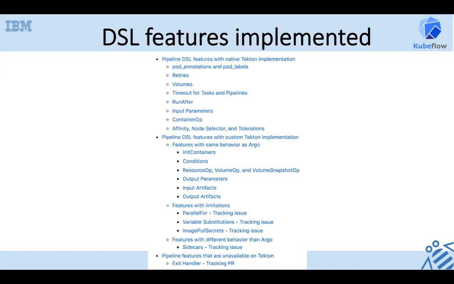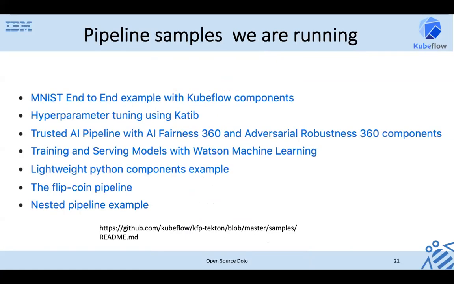So for example, the concept of loops is still in discussion in Tekton. There are some fundamental philosophy differences in how loops should be handled, but that's moving forward. And as part of that, we have created samples for some of the pipelines which we are running end to end.